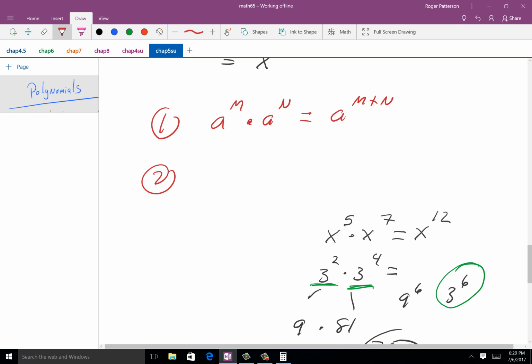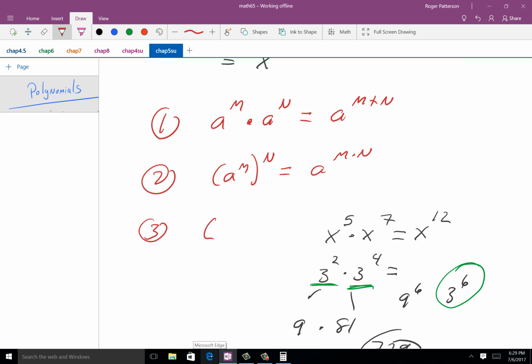The property would say a to the m times a to the n equals a to the m times n. Or ab to the n equals a to the n b to the n. All right. So if you like that property, that's what it is.